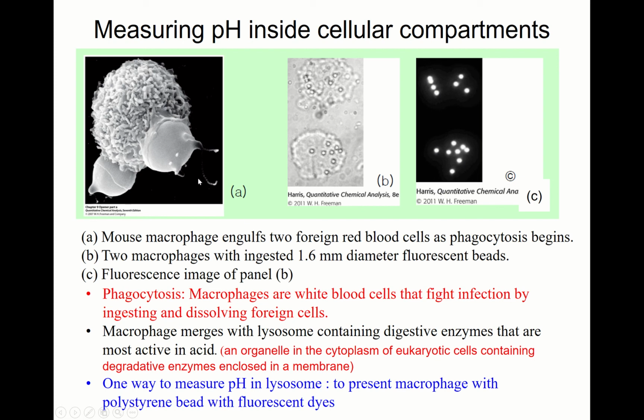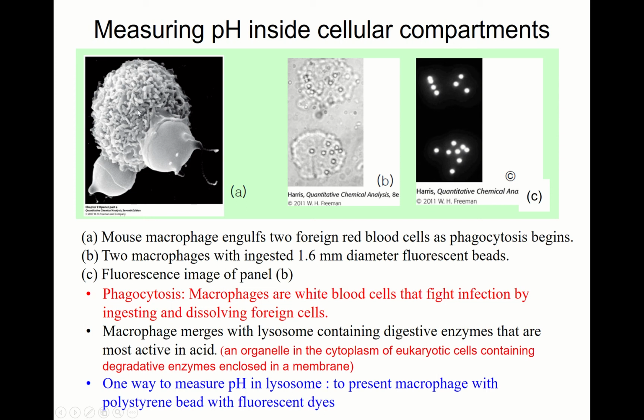This is not a very simple matter, right? Because you cannot insert your pH sensor into the cell because there is such a big difference in size. So you need another technique to measure the pH inside the cell. This example is about that.